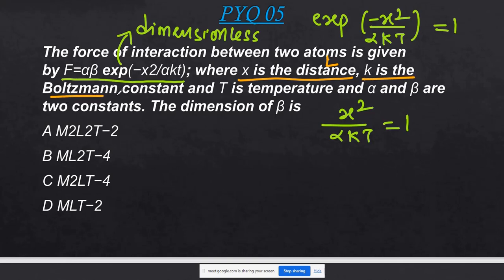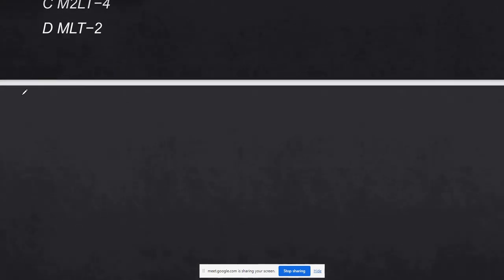K is the Boltzmann constant. What is its dimensional formula? We'll take it from RMS velocity. We have RMS velocity, most probable velocity, average velocity. You have studied these in states of matter. Its formula is under root of 3RT by M. If you take molar mass, let us do one thing.